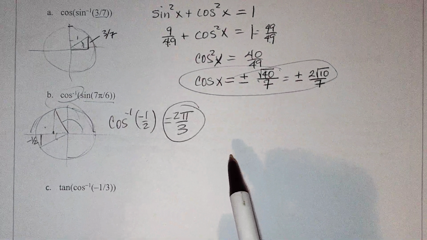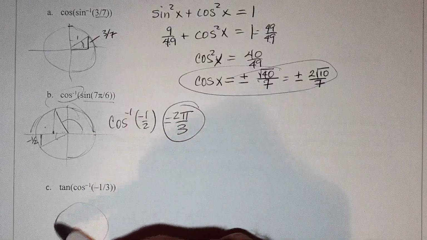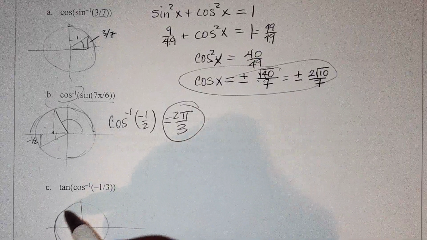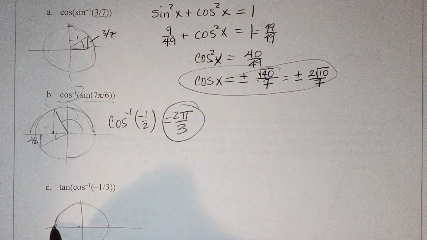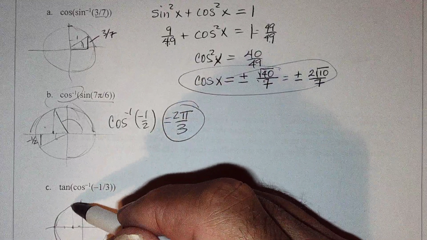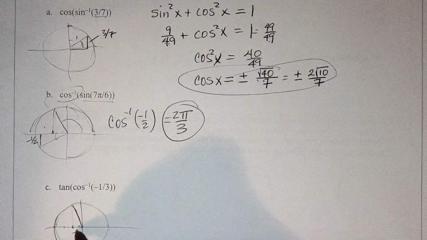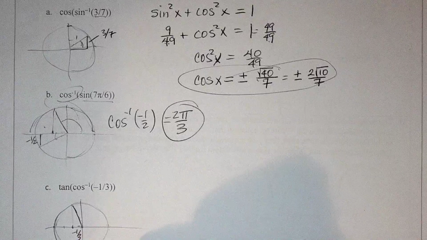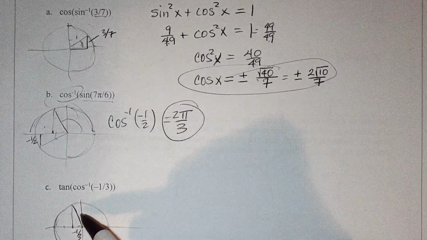And finally, we have the cosine is -1/3. And so you do the cosine inverse between these two. And so if it's negative, and if this is 1, there's 2/3. -1/3 is about there, which means we got an angle here where this is -1/3 for the cosine. And we're supposed to do the tangent. Well, if we knew the sine, we could do the tangent.